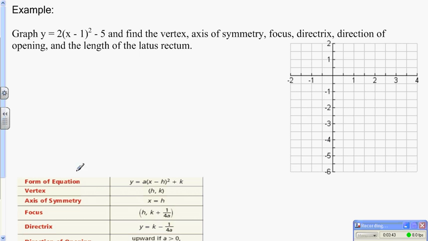Alright, so let's try an example with this information. We have an equation. What's the vertex? The vertex is nice. We have 1, -5, and this is a question we've done already, so this is not new for us. Axis of symmetry, x equals 1. Okay, so we have a vertex right here.